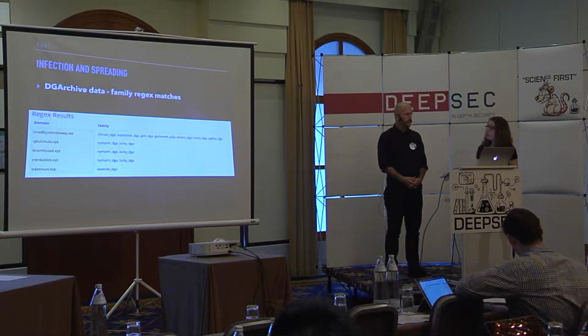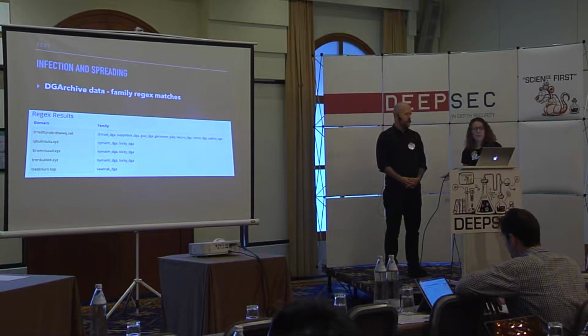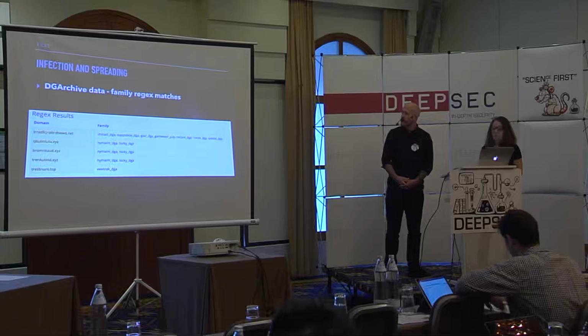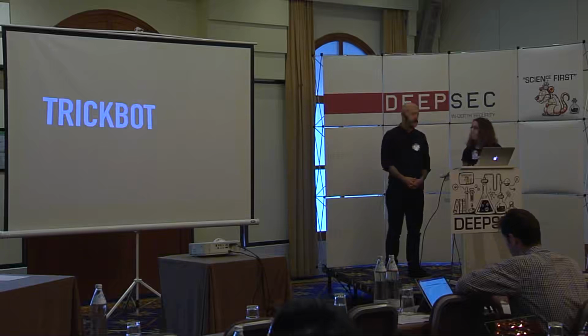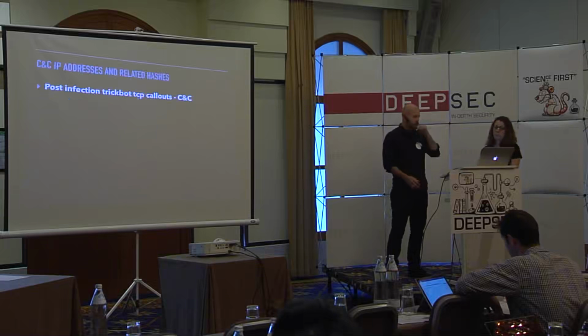Then if you want some more data, you can use DGA archive, and it'll tell you which families it thinks it belongs in. So here we can see Neckers, and Locky might also be a possibility. Another example we'll show is TrickBot, which is a banking Trojan.